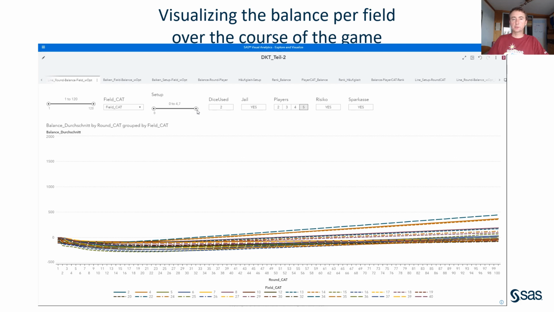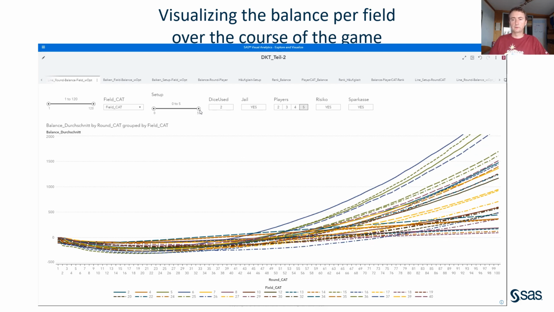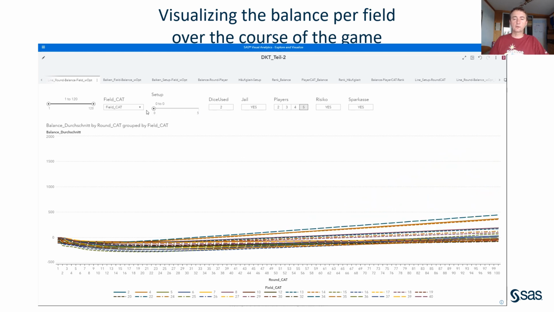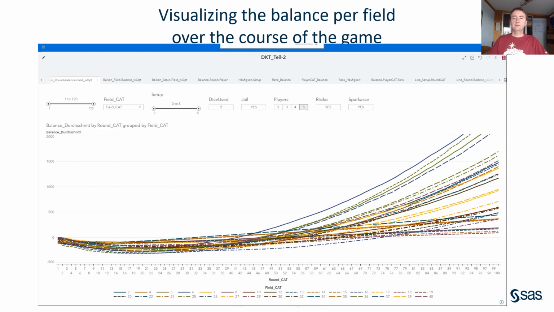However, if you have the chance to buy houses, if you agree this with the other players, this has a certain effect on when a certain property goes into the positive area and when not. And you see that this has an immediate effect on the decisions you are making when you are playing this game. As you could see here, how the graphs change if we change parameters, for example, what is the allowed setup?